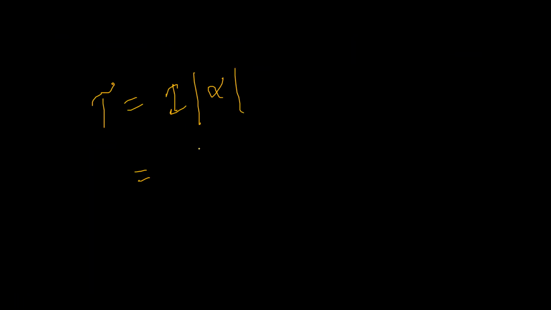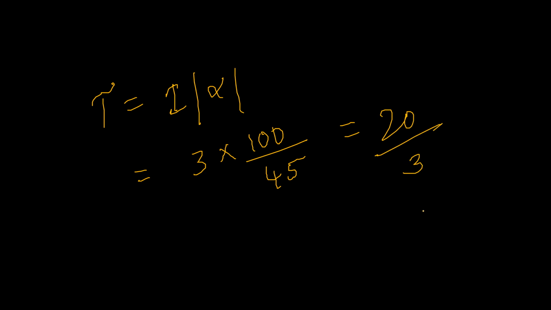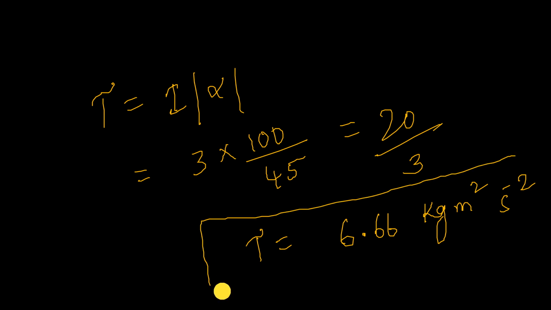Multiply 3 into 100 by 45 and you'll get 20 by 3. That is tau equal to 6.66 kg meter square second power minus 2. So this is the answer.